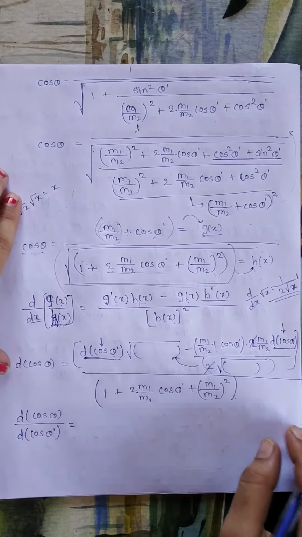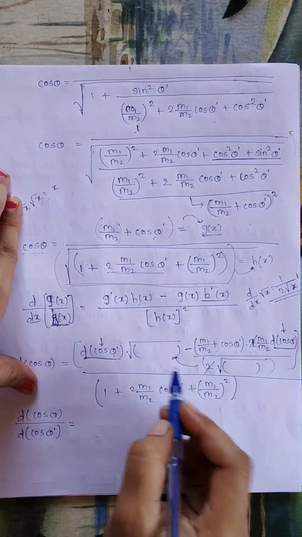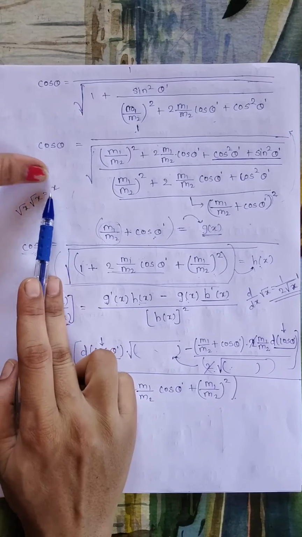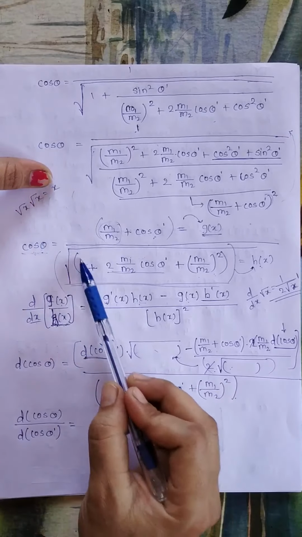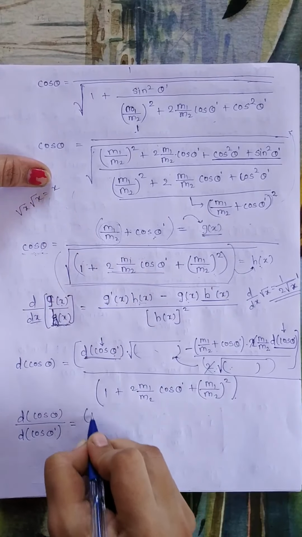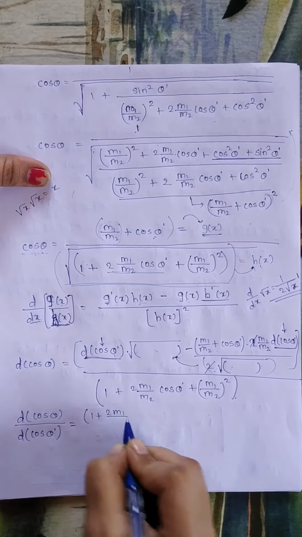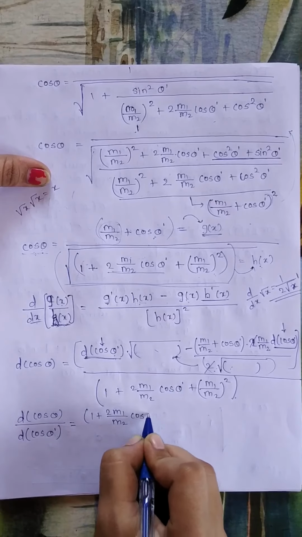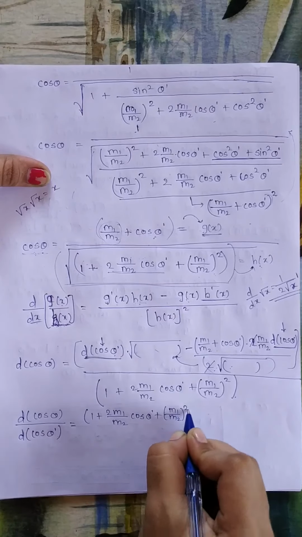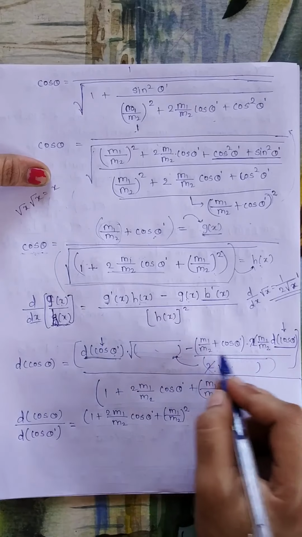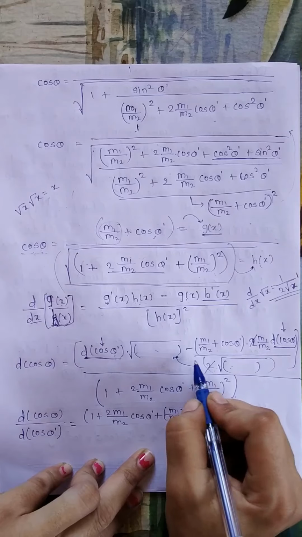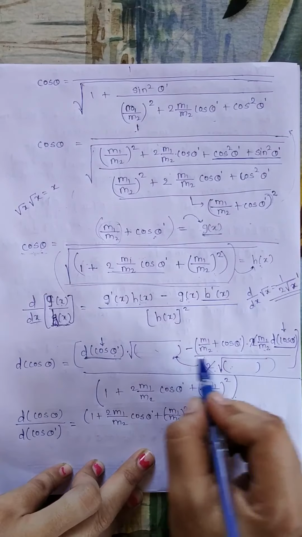So by making the denominator same, this root into root will get cancelled, and by this formula there will be only the bracketed quantity remaining. So I will get here 1 plus 2m1 upon m2 cos theta dash plus m1 upon m2 square, and here there is the term which I am writing and we will multiply this with a minus sign.